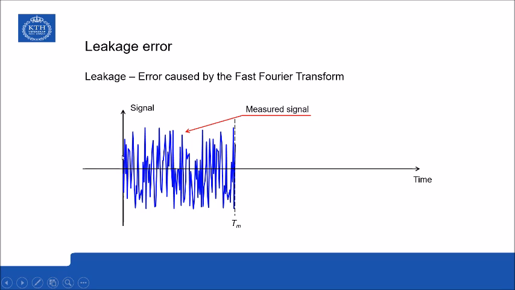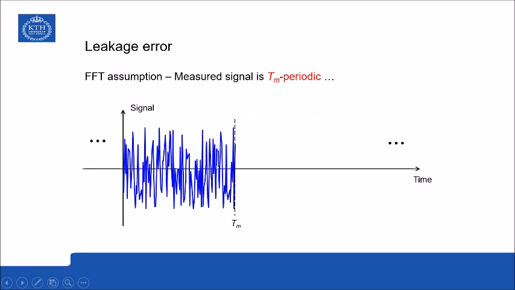To start with, suppose we have a measured signal. So we start the measurement at time 0, and we finish it at time Tm. So Tm is the time record length. And the FFT, the fast Fourier transform, assumes that the measured signal is Tm periodic.